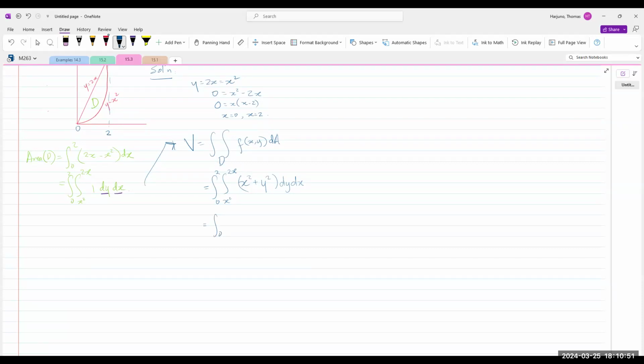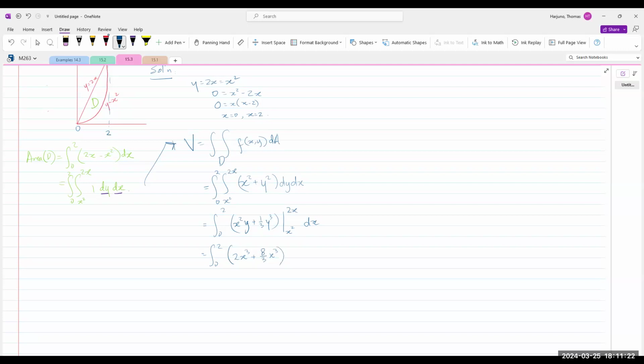Integral from 0 to 2, then x squared y plus 1/3 y cubed from x squared to 2x dx. It's integral from 0 to 2 of, what is that? 2x cubed plus 8 over 3 x cubed. Am I right?